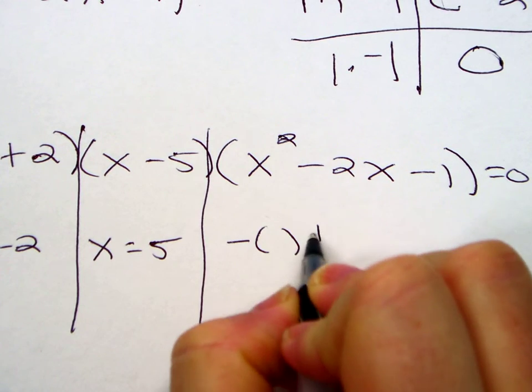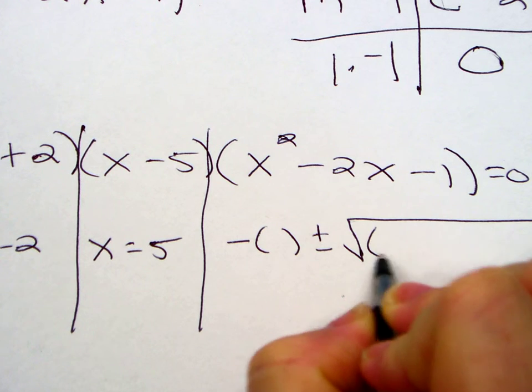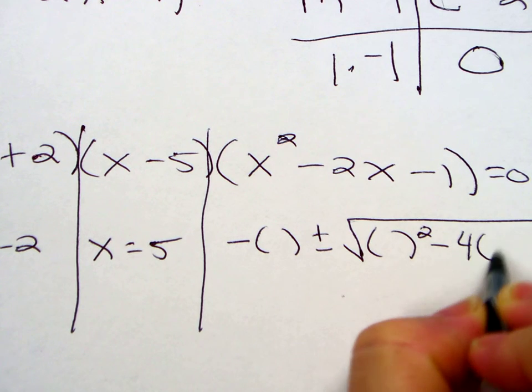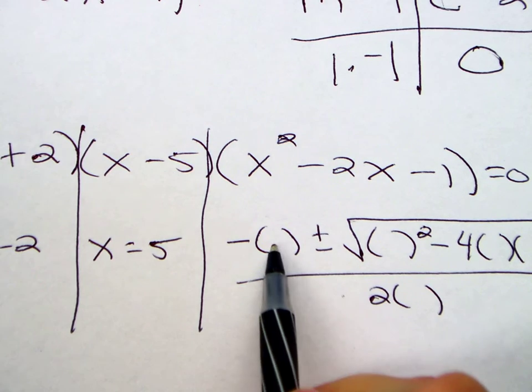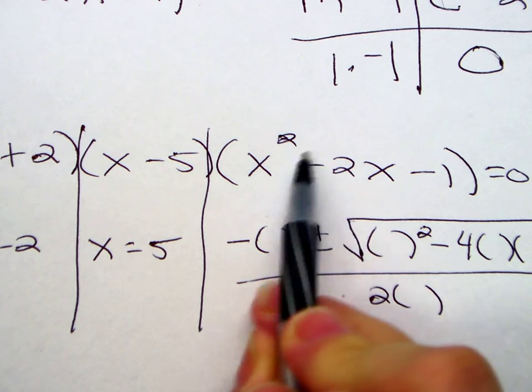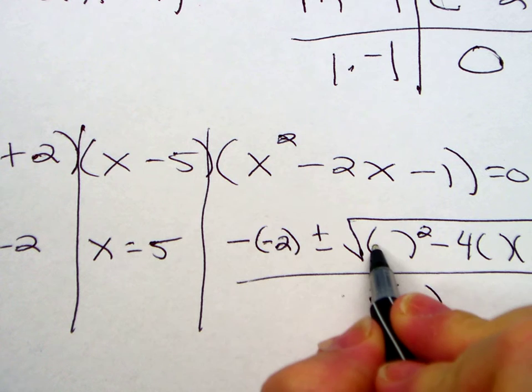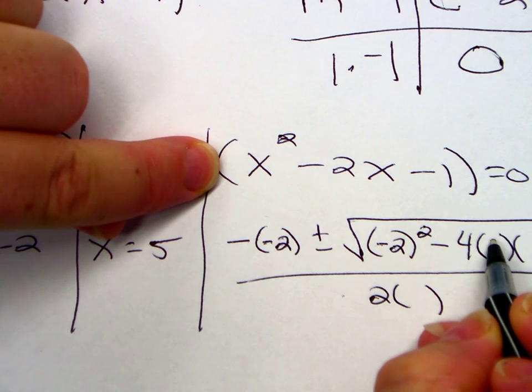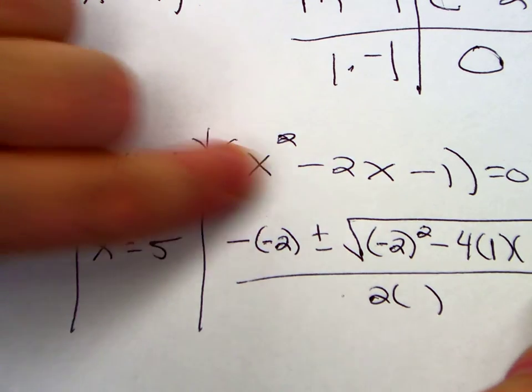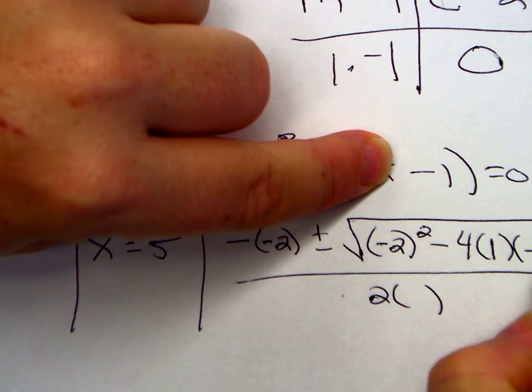Negative b plus or minus the square root b squared minus 4ac all over 2a. All right, so what's b in this problem? B is the number in front of x, negative 2. B squared minus 4a. A is whatever is in front of x squared. There's nothing there, so it's a 1. C is the number by itself, negative 1.